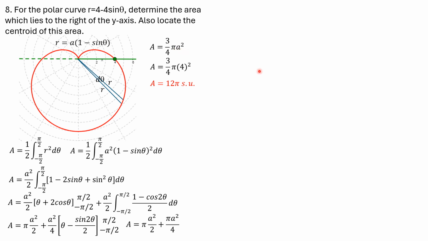Now for the centroid, remember that x sub c is 2/3 r cosine theta, while y sub c is 2/3 r sine theta. So for x sub g, let's generalize it: 3/4 pi a squared x sub g equals the integral of x sub c, which is 2/3 r cosine theta, times the differential area 1/2 r squared d theta.